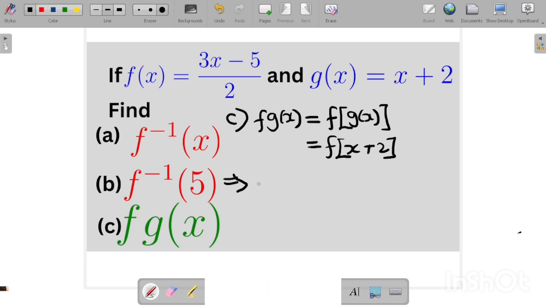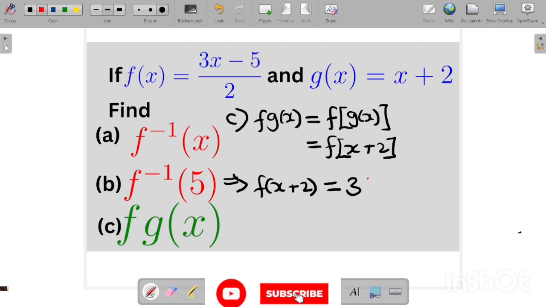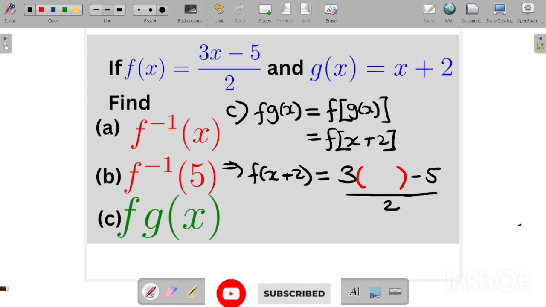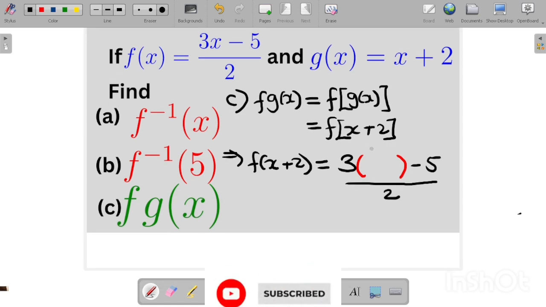So the function f of x plus 2 is equal to, the function f is this, so we're going to have 3, I'll open the brackets here, then minus 5 over 2. Now, what am I going to put in brackets? I'm going to put the function g of x. So in the brackets, we'll have x plus 2.